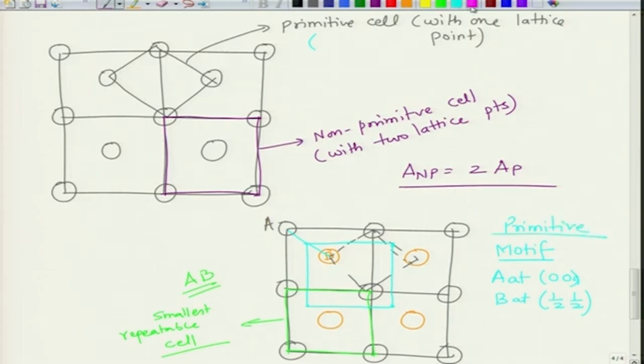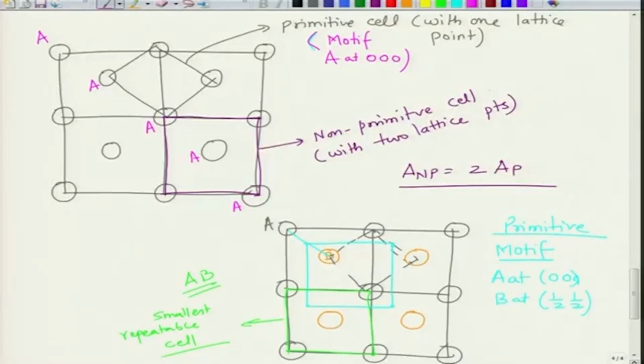Whereas in this case the motif would be A at 0 0 0, there is no B atom, it is just A atoms, all of them. So, if it is a primitive cell, then you have to define the position of both the atoms.